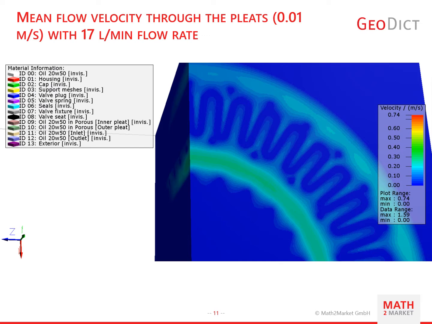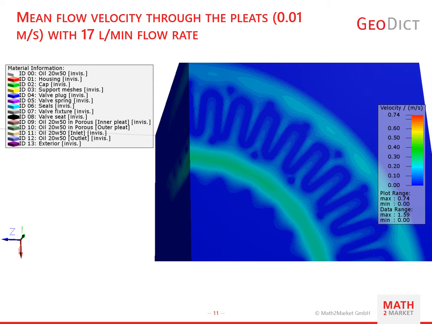All right, so we did this pure flow simulations with oil and without particles to find out the average flow velocities through the pleats. So this is now a zoomed view of the velocity distribution here through the outer pleat. And with this, we can define the average or the mean flow velocities through the pleats.